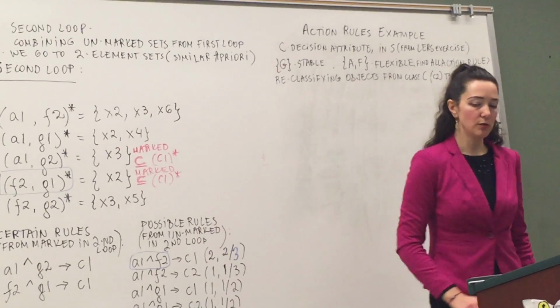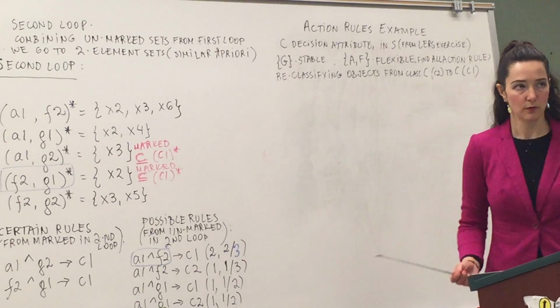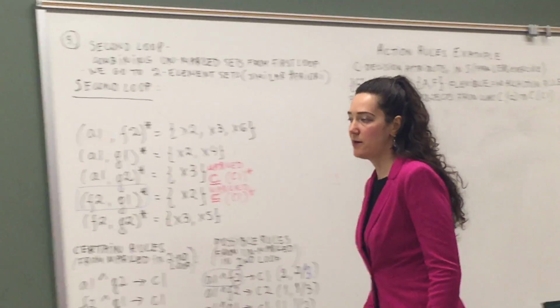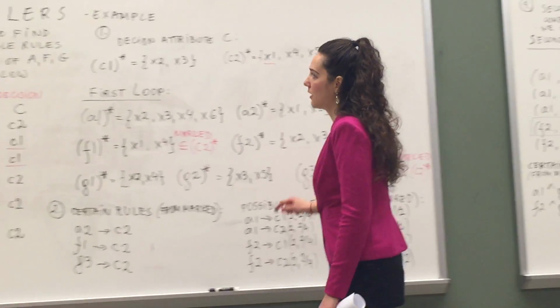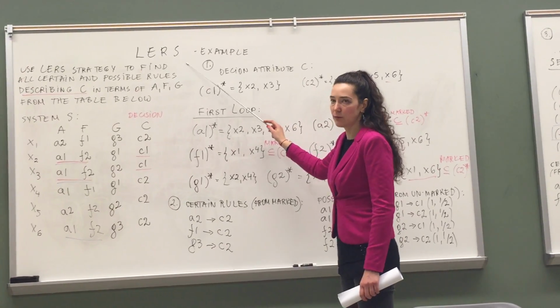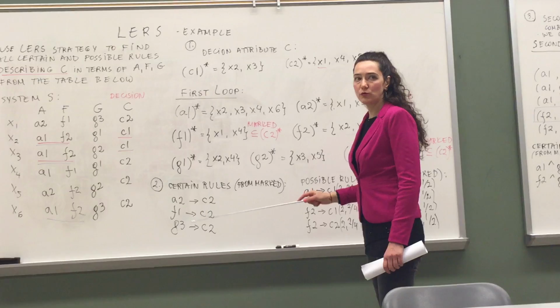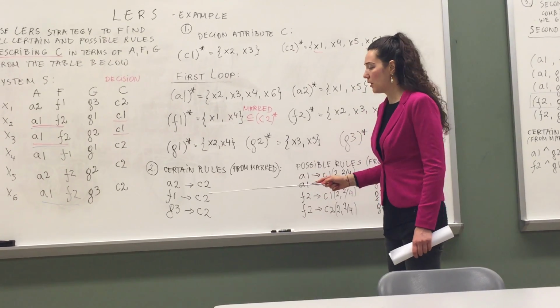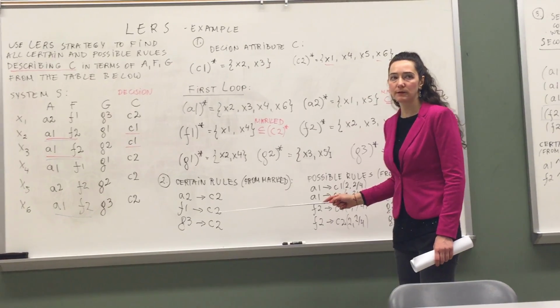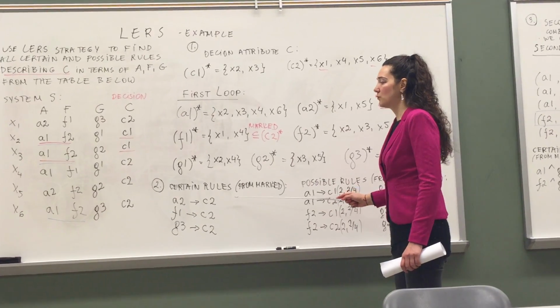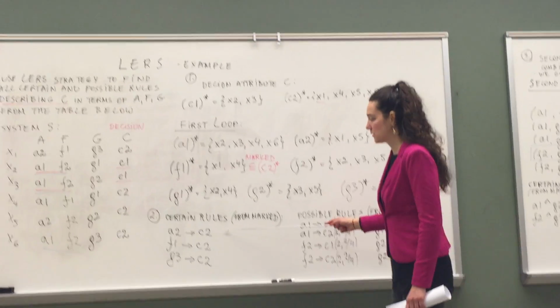So to find the action rules, we can use pairs of classification rules that we discovered in this problem. We're going to use here the certain rules only to produce action rules with higher confidence. The certain rules were the ones that have 100% confidence.